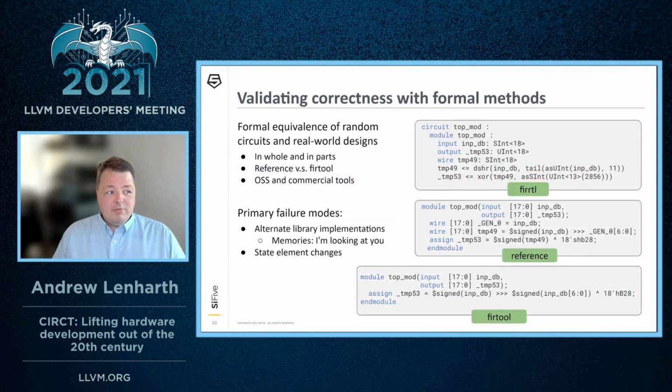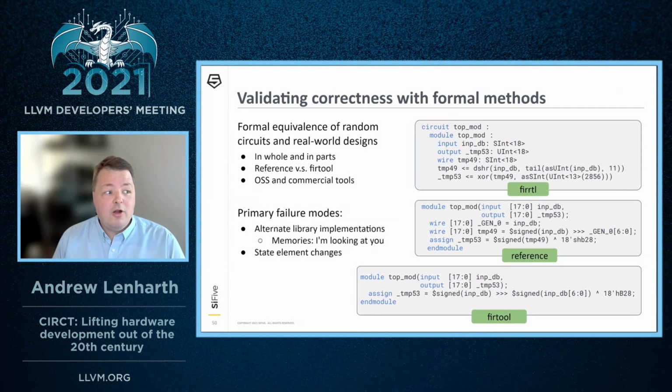Now, changing compilers like this is a big risk, so we're doing a lot of things to verify. One I want to briefly talk about is our use of formal methods. We're taking randomly generated circuits and fuzzing our output by trying to do formal equivalence between our reference compiler and our FIRtool.